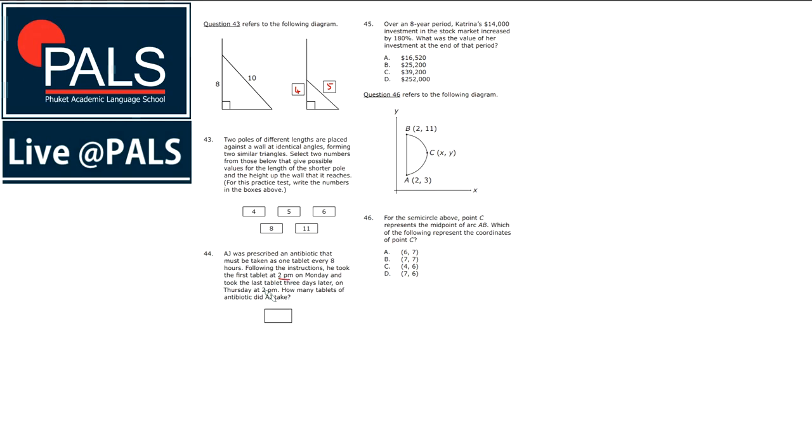So luckily the time is the same, so it's full days. 3 full days means 3 times 24 hours, which is 72. 72 divided by 8 is equal to 9 tablets.